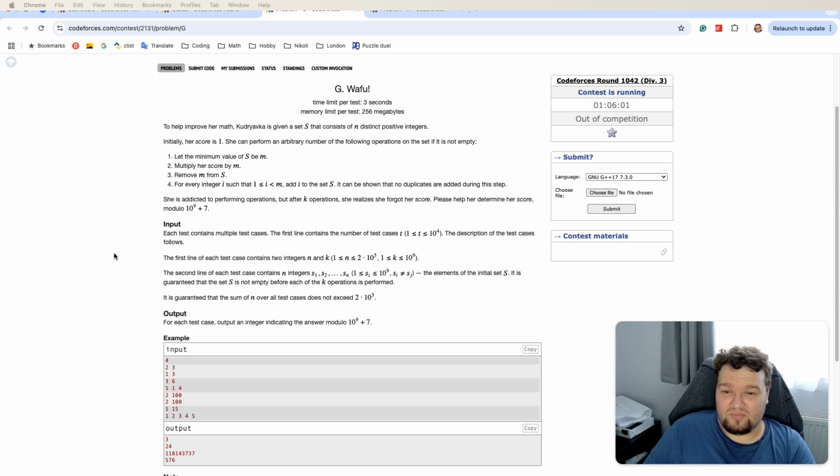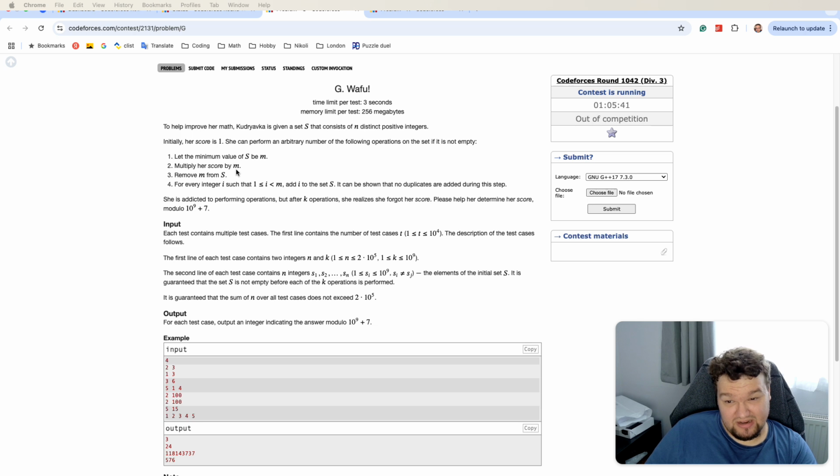Problem G. Waffen. To help improve her math, Kudryavka is given a set S that consists of n distinct positive integers. Initially her score is 1. She can perform an arbitrary number of the following operations on the set if it is not empty. Let the minimum value of S be m.